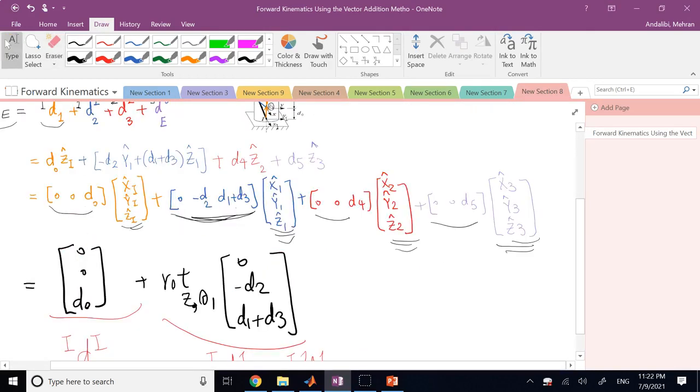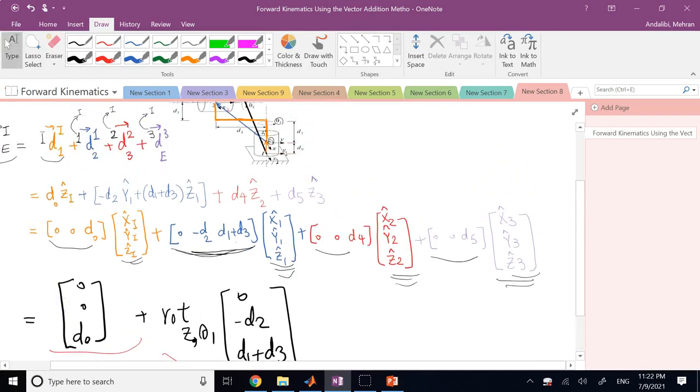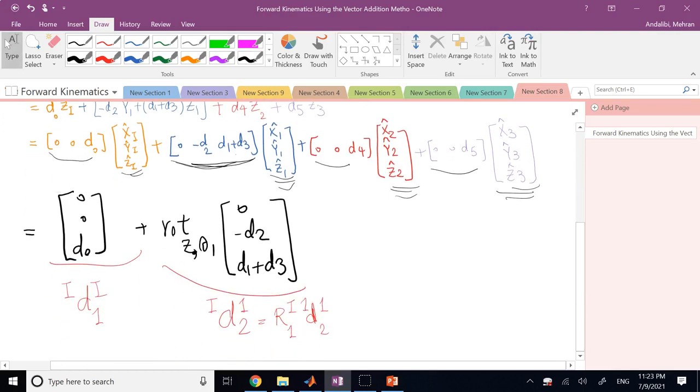And if you look at the third term, what we really need is to write d of 3 with respect to 2 in I, to project it along the axis of I, while what we have here, this guy 0, 0, d4, that's d of 3 with respect to 2, correct? So if I multiply it by the rotation matrix that can take me from frame 3 back to I, that is going to get me what I need.